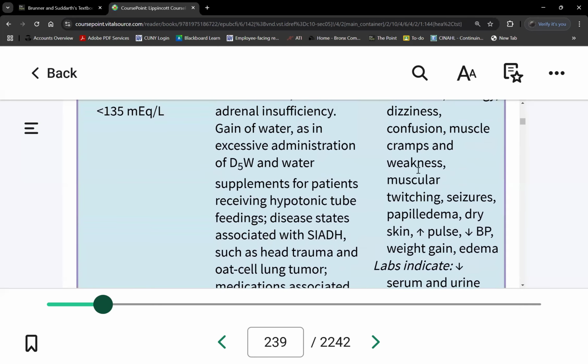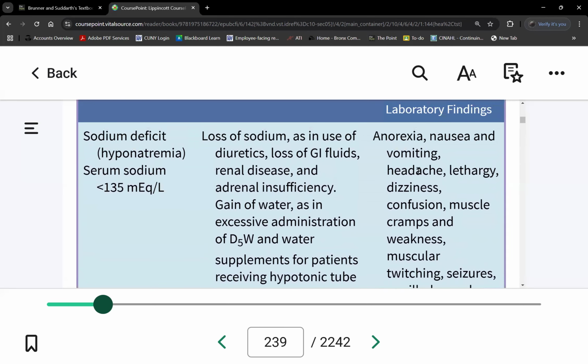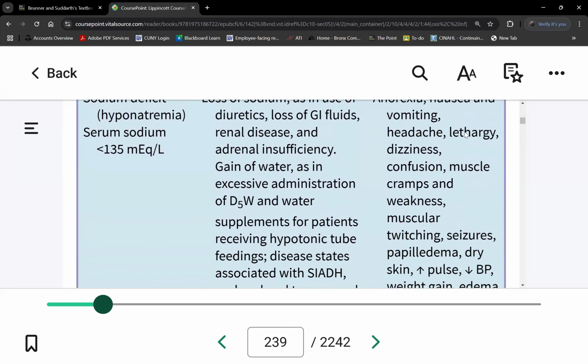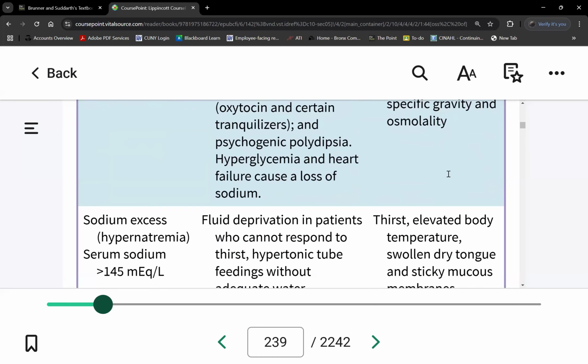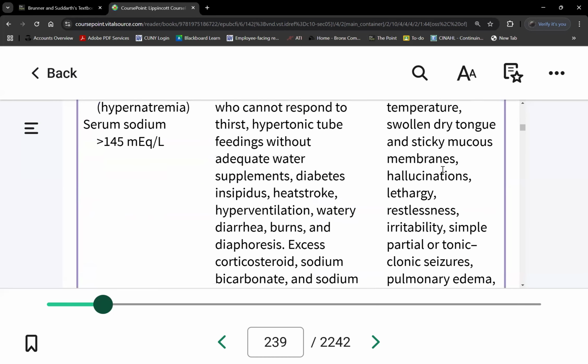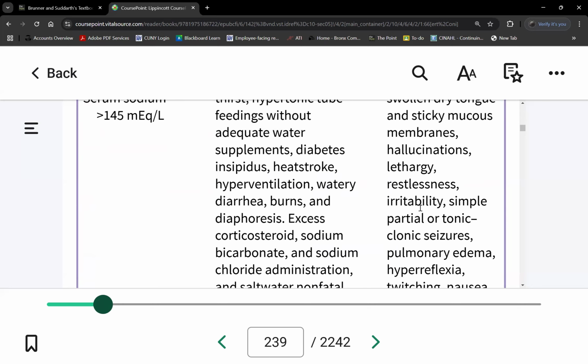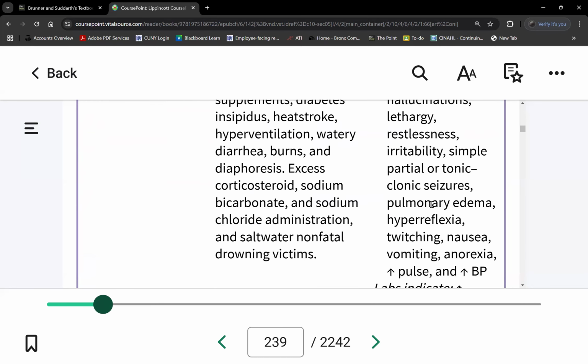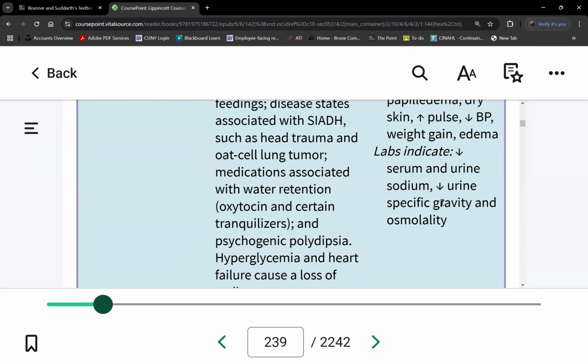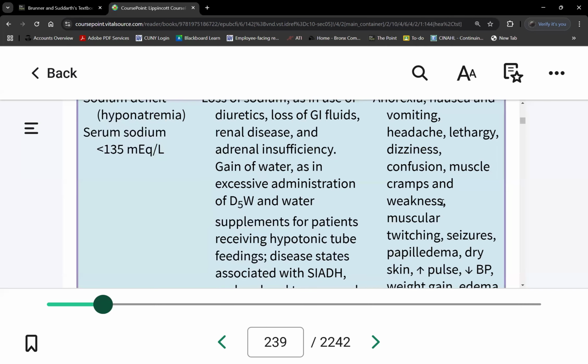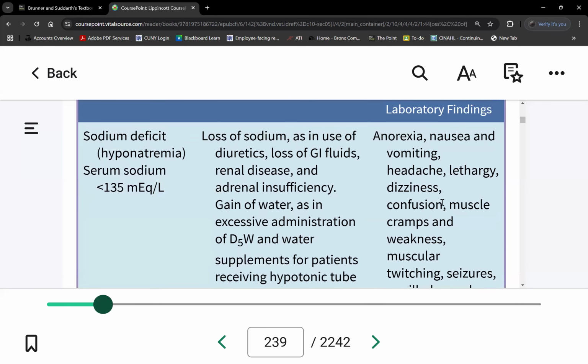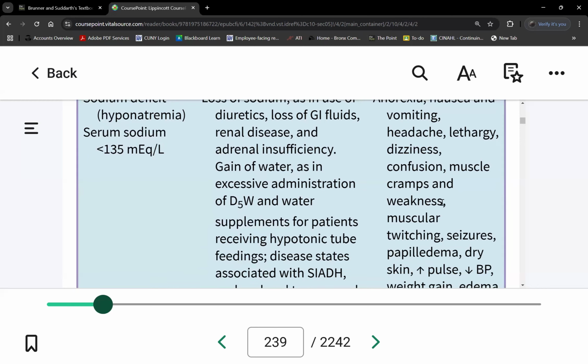If you compare them side by side, most of their effects are in neuro, correct? So here you have lethargy, dizziness, confusion in hypo. Then similarly, you have hallucinations, lethargy, restlessness, and irritability in hyper. It can cause seizures. However, hyponatremia can actually also cause seizures. So you see seizures in both.